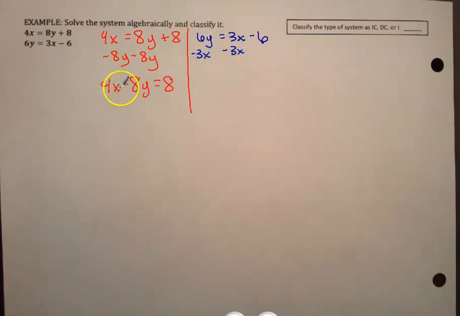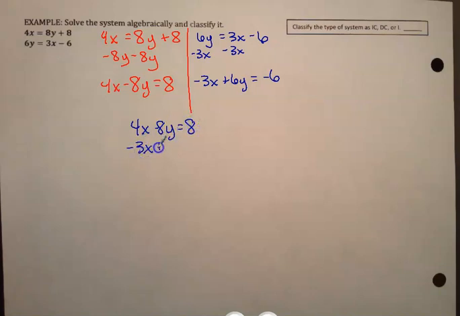Okay, we have our x's coming first here, so let's do the same thing here. So we're going to have negative 3x plus 6y equals negative 6. All right, now we have them in kind of the same format, right? More that standard form, the x and the y's. Okay, so now that we have these, let's compare. We have 4x minus 8y equals 8, and negative 3x plus 6y equals negative 6.